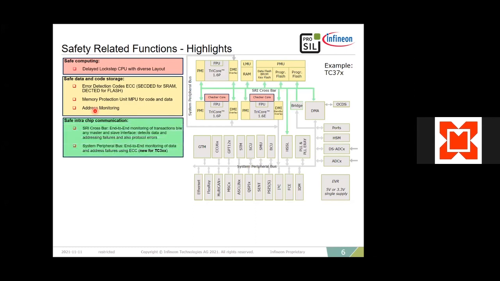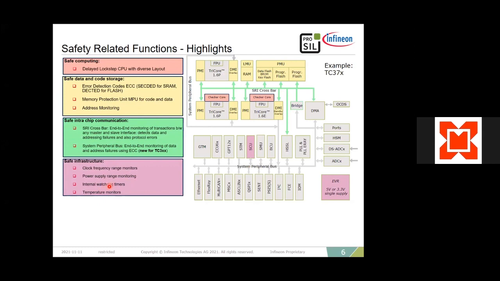Coming to safe intra-chip communication, all the bus transactions are protected with ECC. So when a transaction has an ECC error, alarms will be generated. Safe infrastructure: we have clock monitors, supply monitors, internal watchdog timers, and temperature monitors.